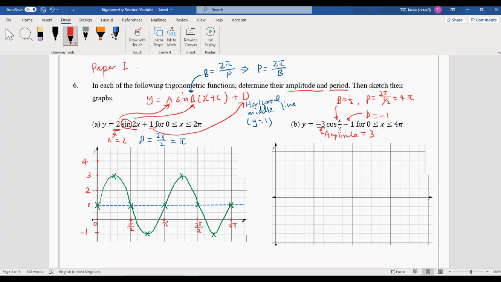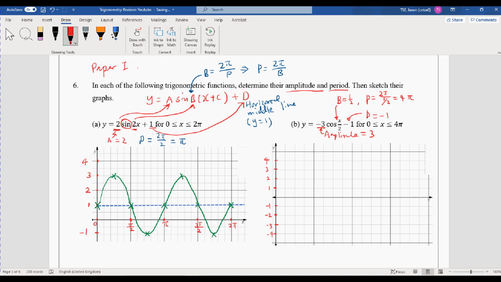So let's try to get the values on the x-axis and y-axis. This time I'm going to do -1, -2, -3, -4, and 1, 2, 3, 4.